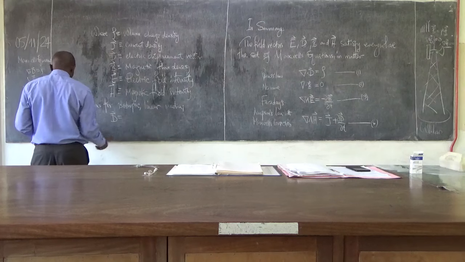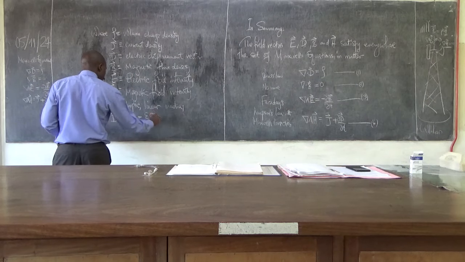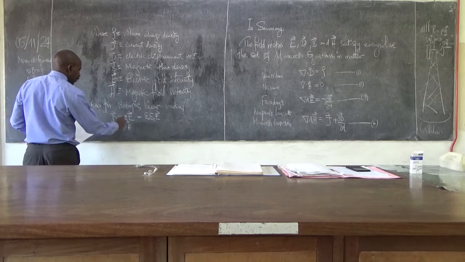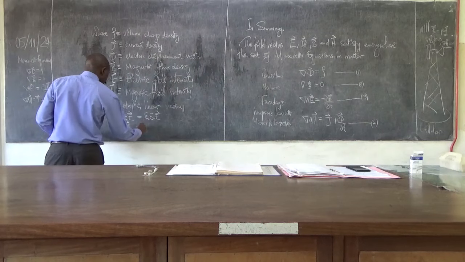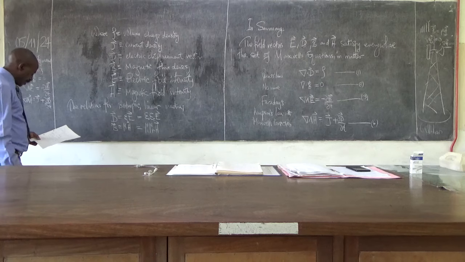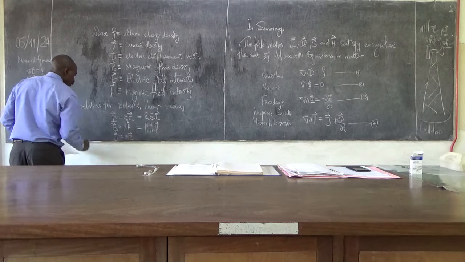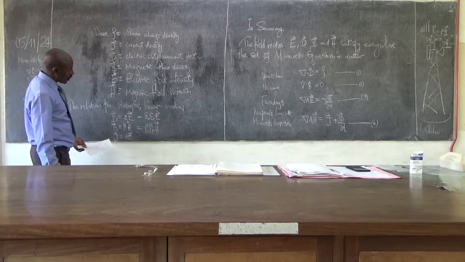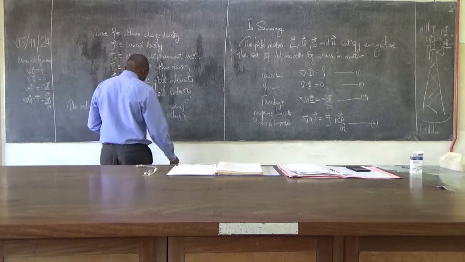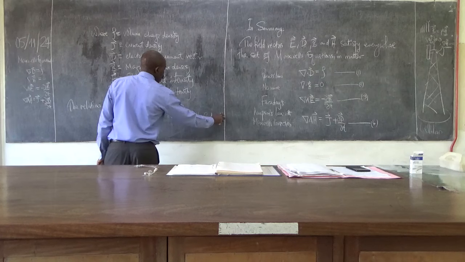The field vector D is related to E as epsilon E, which sometimes can be written as epsilon naught, epsilon r E. B is related to H by looking at the permeability of these fields, which sometimes we can go to say this is mu naught, mu r, then H, where the mu r is the relative permeability, and from microscopic form of Ohm's law, J is equal to sigma E. Where now we got an additional symbol, which is not surface charge density, but now is the conductivity of the medium, where sigma is the conductivity of the medium.